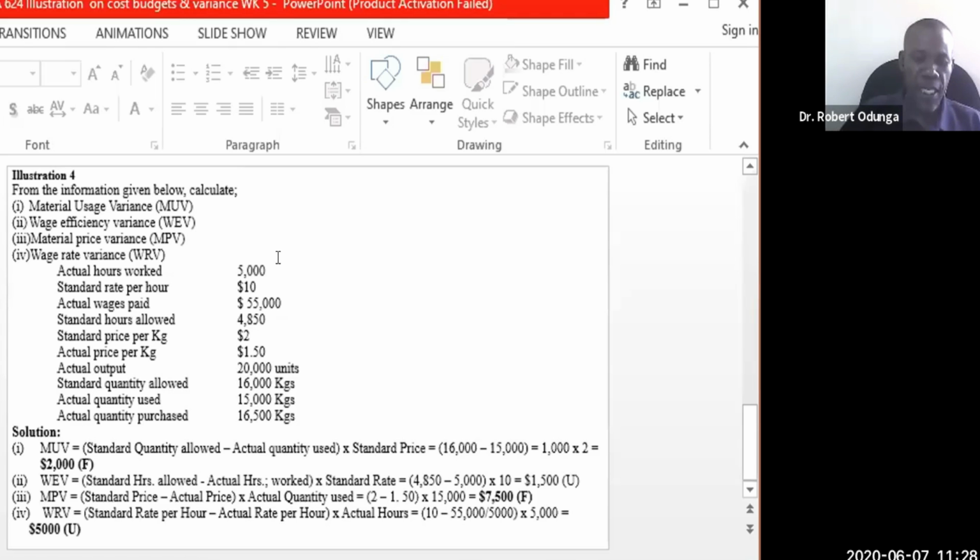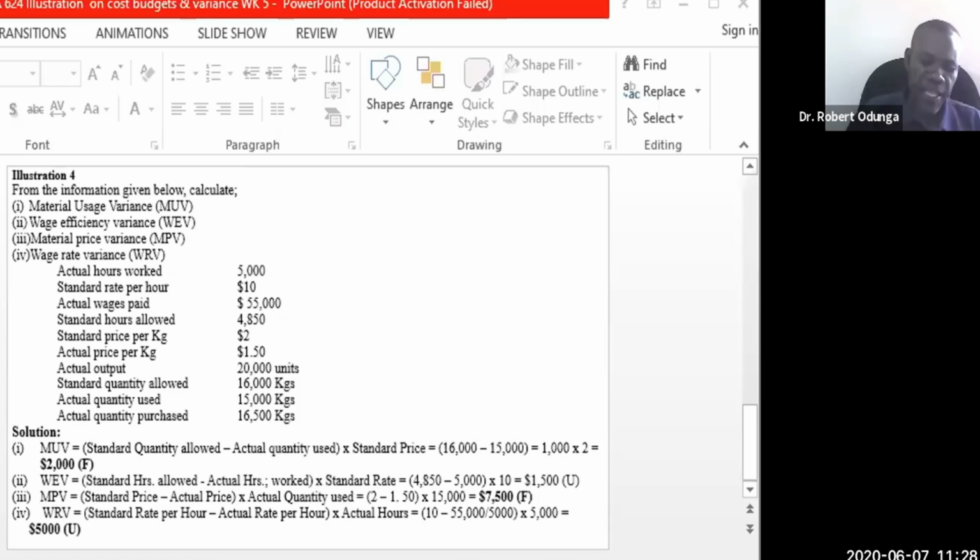So we know material usage variance is given as standard quantity allowed minus actual quantity used, times standard price.